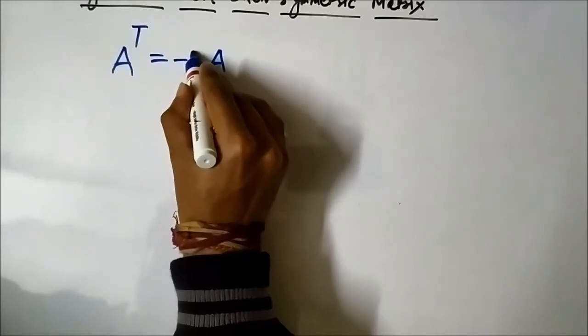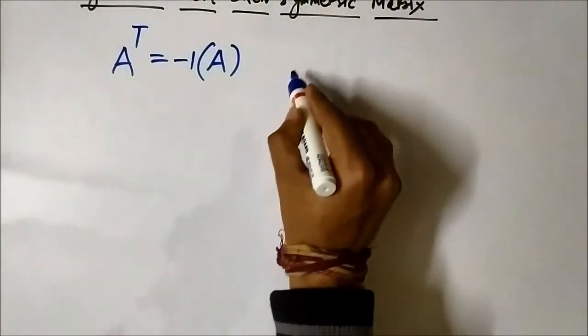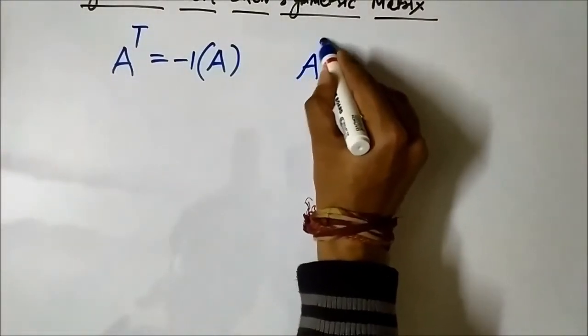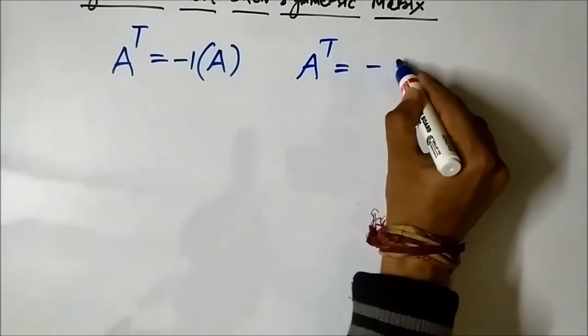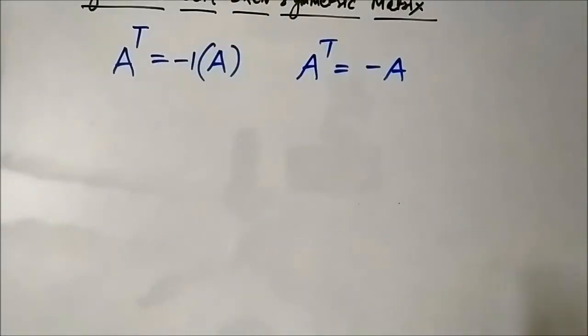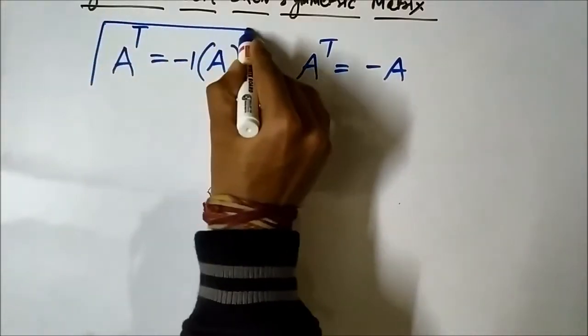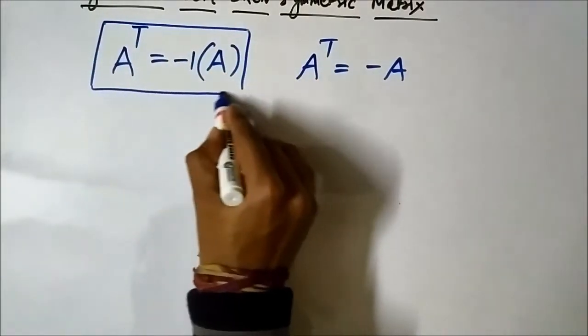It is multiplied with a scalar quantity, which is minus 1. So basically A transpose gives us the negative of the same matrix. The elements will be multiplied with minus 1. This is the basic definition of a skew symmetric matrix.